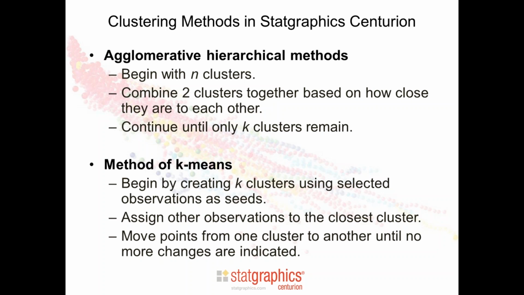So for example, and what I'll show you in a moment, I'll take China, the United States, and India, and I'll use them to seed my clusters. I'll then assign all the other observations to whichever country they're closest to, most similar to. So I'll then have 3 big groups of countries.